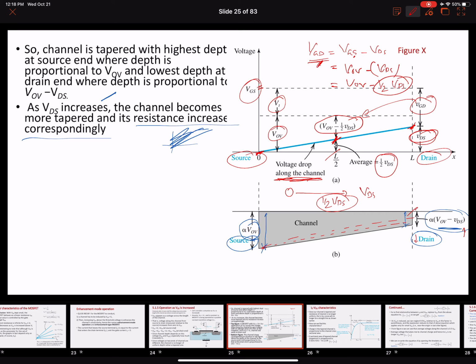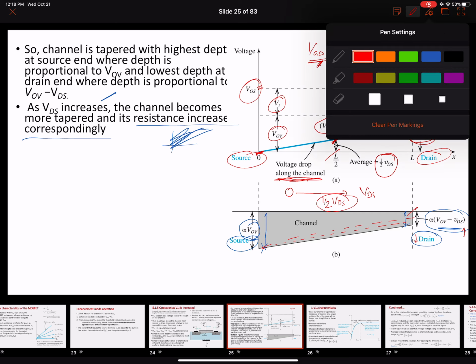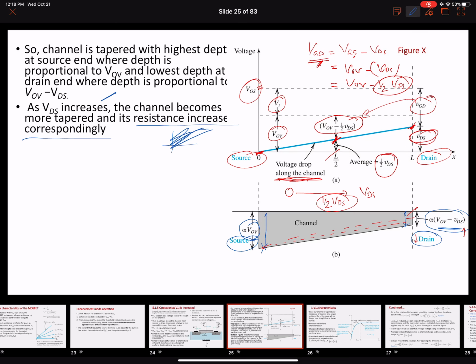Okay. Now, another thing that you can realize in this figure is, as you are increasing the value of this VDS, as we increase this value and move this line upward, the VGD effectively reduces. And this is in sync with the tapering happening more.